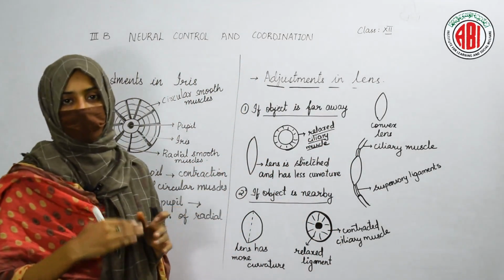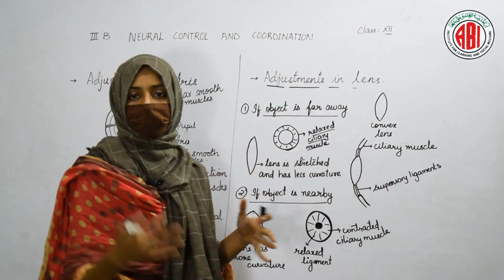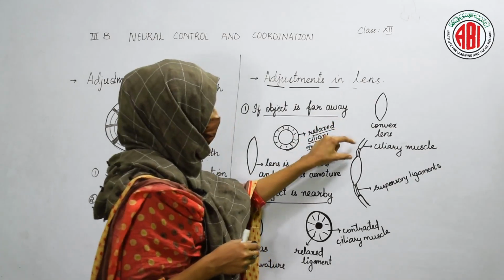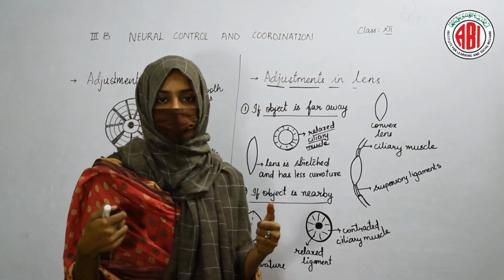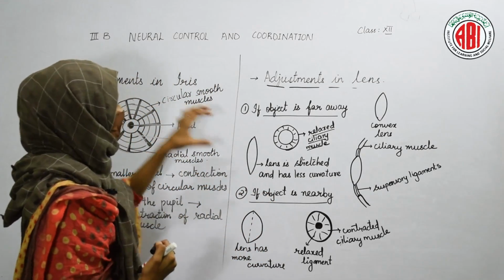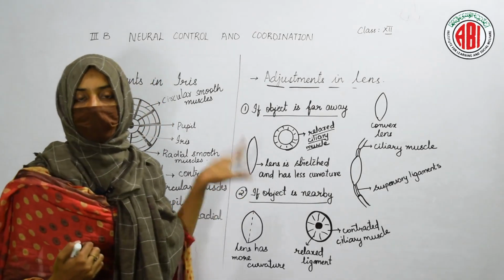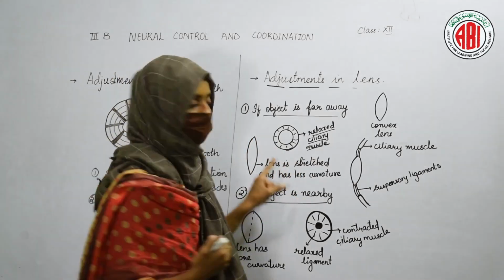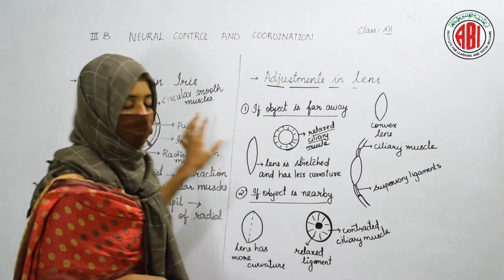Whenever any object is present far away from you, the ciliary muscles get relaxed, and due to the relaxation of the ciliary muscles, the suspensory ligaments attached to it are stretched, and due to the stretching of the suspensory ligaments, the lens also gets stretched and the curvature of the lens becomes less. That means the lens has less curvature when the object is far away from you.